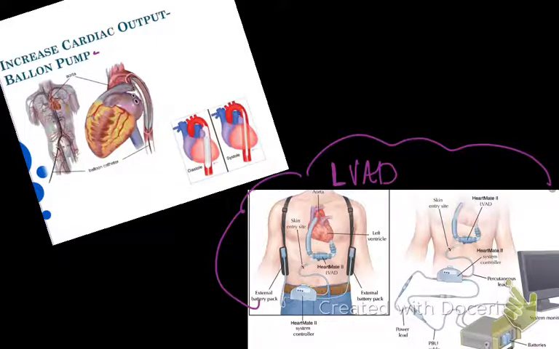One thing I want you to think about too, someone that does not have a properly working pump, their heart is not working good. Somebody that's in cardiogenic shock, or somebody that's had a major MI and there's damage. Think about that person and think about their cardiac output. What do you think it's going to be on the monitor?